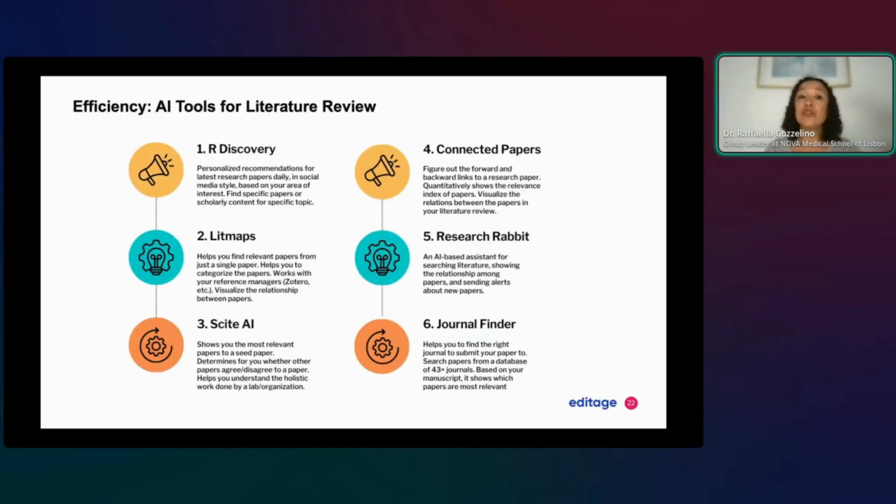So what those AI tools do in terms of literature review, they enhance your efficiency because these are different types of platforms and software that allow you to go faster but in a more efficient way, narrowing down the literature search that you might want to perform.